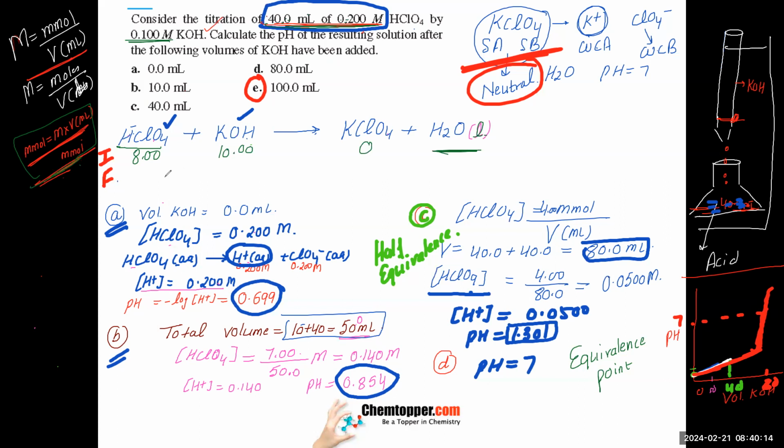Now, which one is the limiting reactant? HClO4. How much KOH is left? 2. How much KClO4 formed? 8. Water, we can ignore. So who is going to control the pH for the E part?